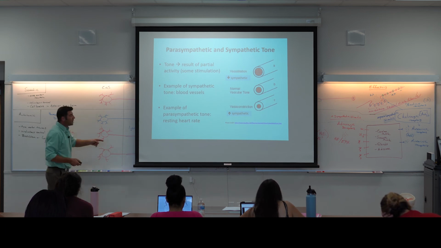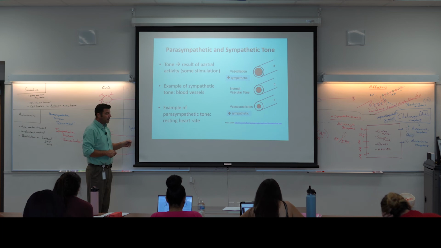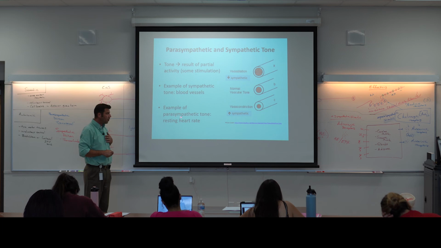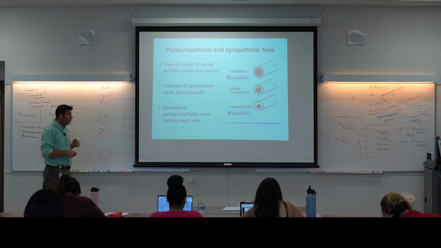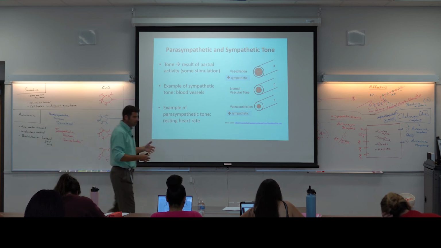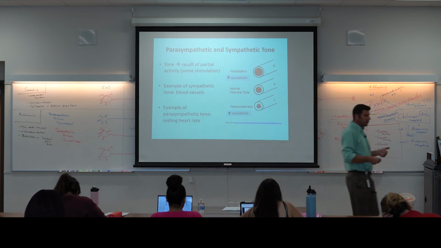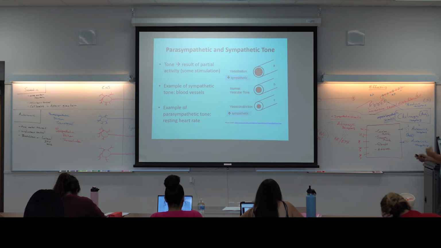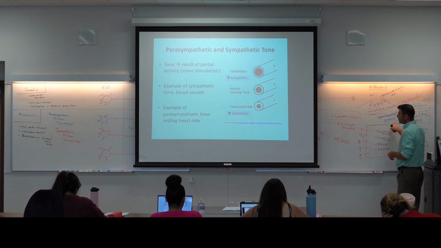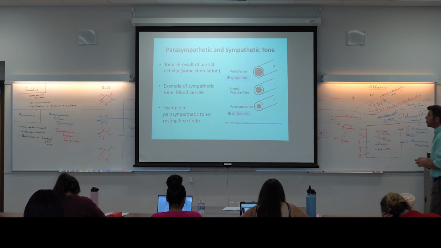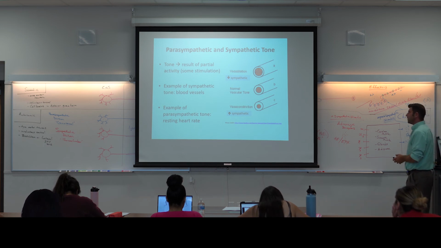I had already given previously, we said the vagus nerve sent a parasympathetic signal to the heart, and it caused the heart to beat at about 76 beats per minute, when on its own, without this constant parasympathetic signal, the heart would want to beat at about 100 beats per minute. So parasympathetic tone, an example of that constant slight signal, is the decreased heart rate. And we said blood vessel constriction or dilation for most of those blood vessels is going to be entirely controlled by sympathetic division.